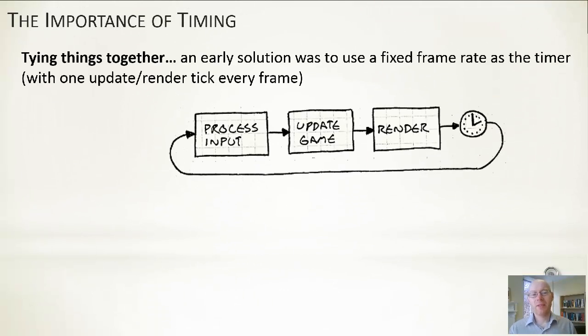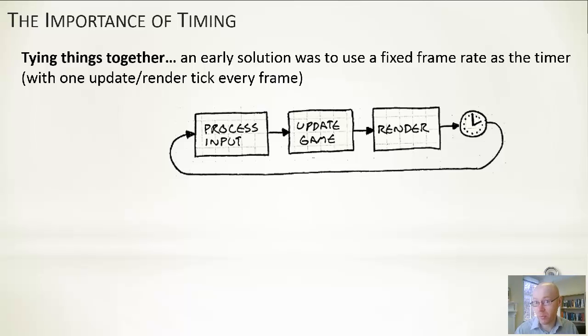Tying things together, an early solution they used to try to manage this was the use of a timer. You can set up timers on platforms, and you can say that every, for example, 30 times a second, you want to receive an interrupt, a notification that a tick has happened. Given that notification, you have a process like what you see on screen.